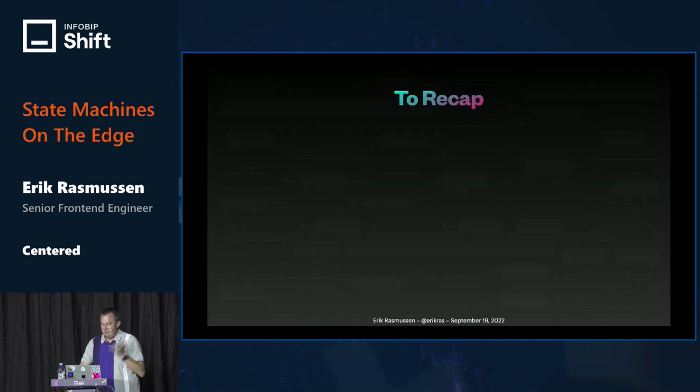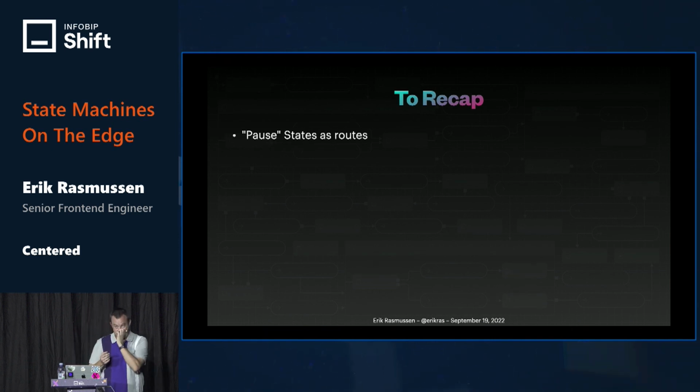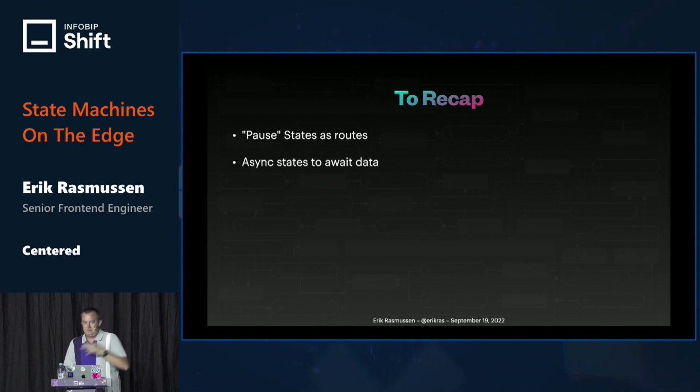Okay, so to recap what I've just demonstrated, we're using pause states as routes. We transition to a state that has to do some fetching. Maybe we go to another state that does some other fetching that depended on the previous thing that we were fetching. And eventually you get to a state that is marked as, okay, serialize everything back down to the client. And we used async states to await different data and services that we needed.